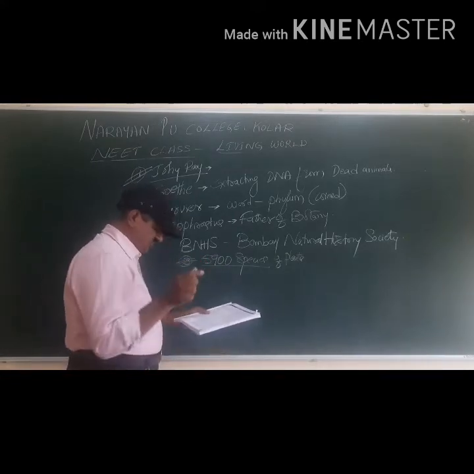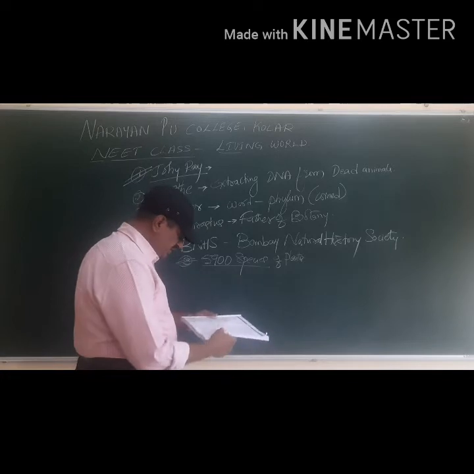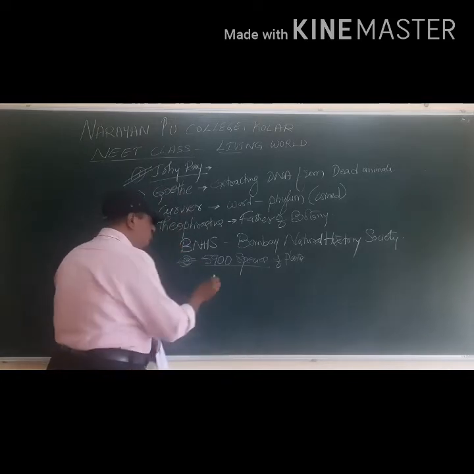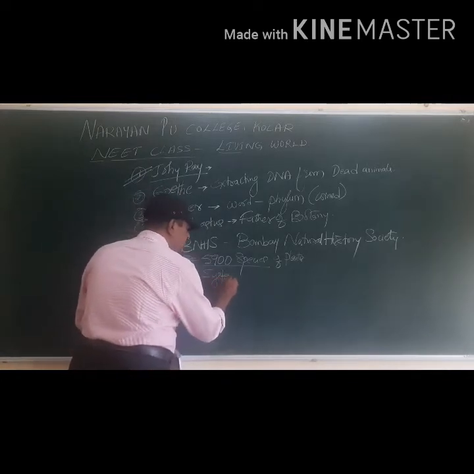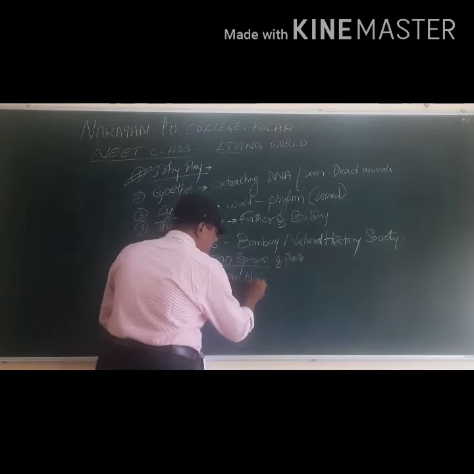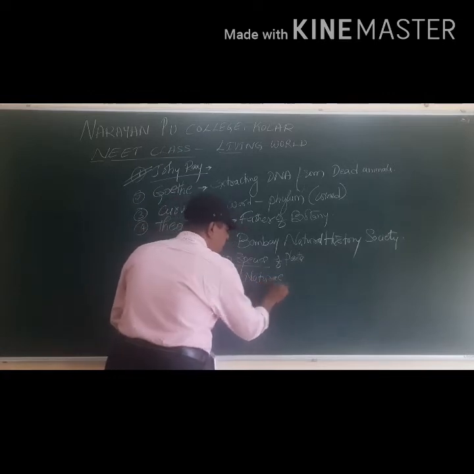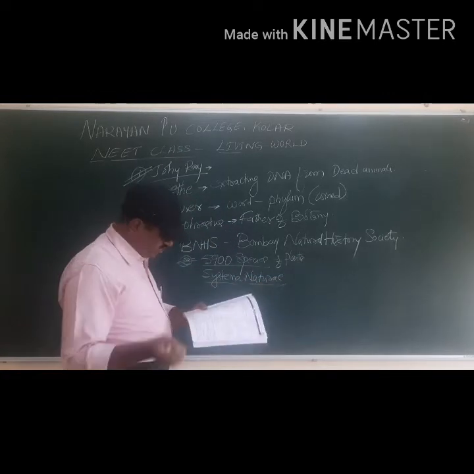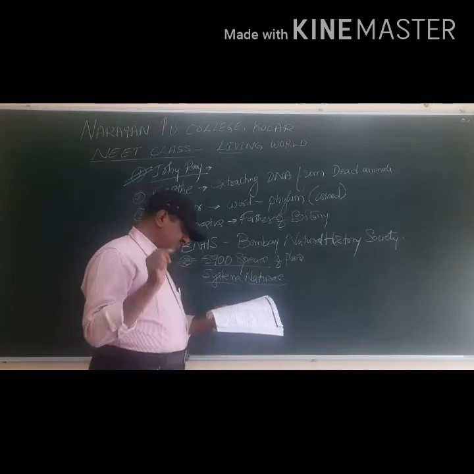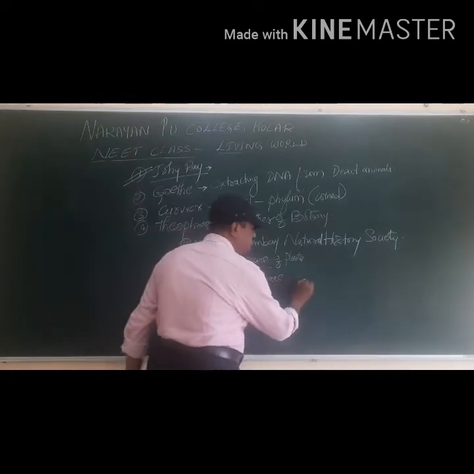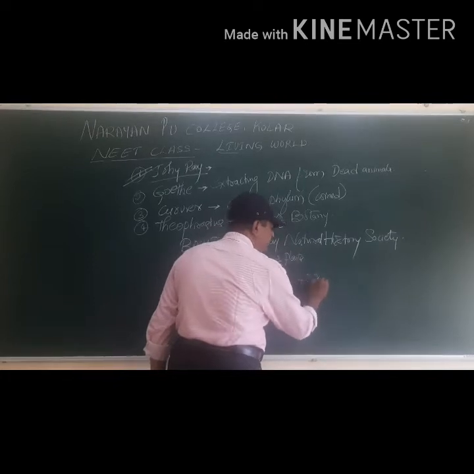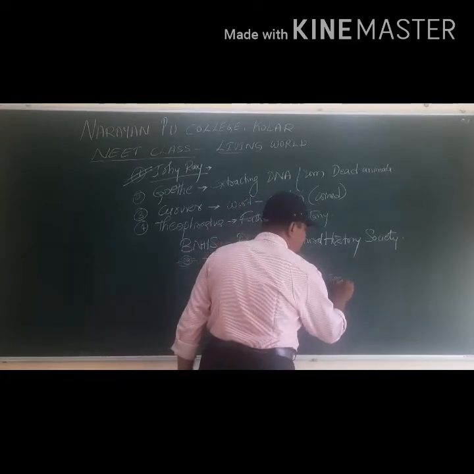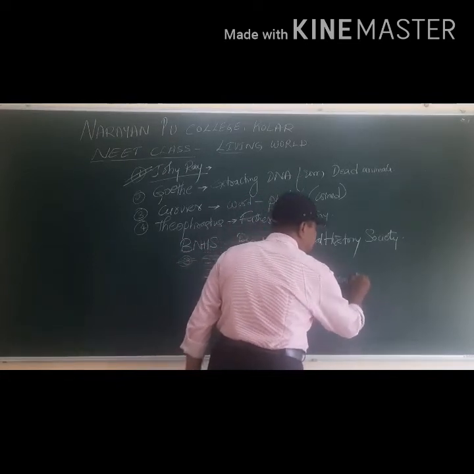The same person, Carolus Linnaeus, has written another book called Systema Naturae. In this there is a presence of 4326 species of animals.